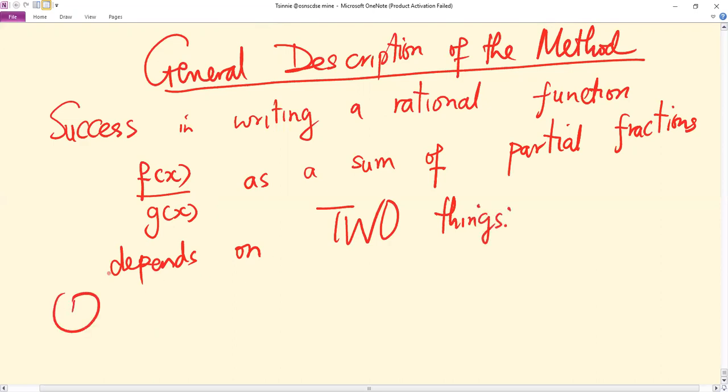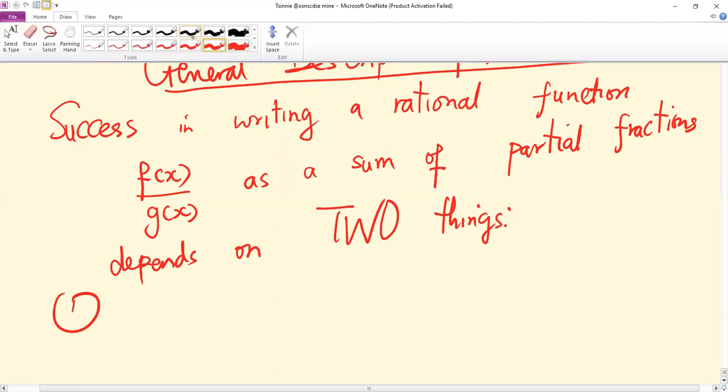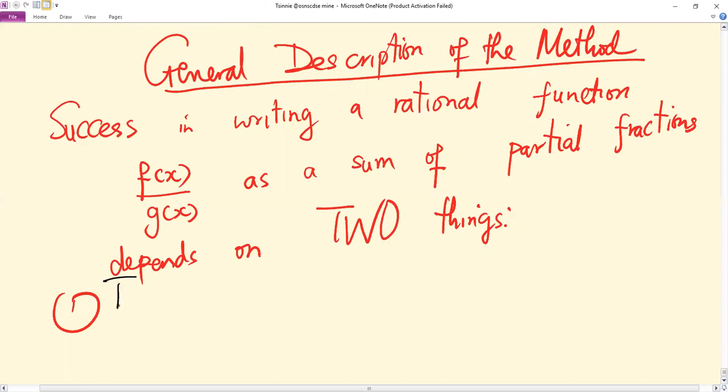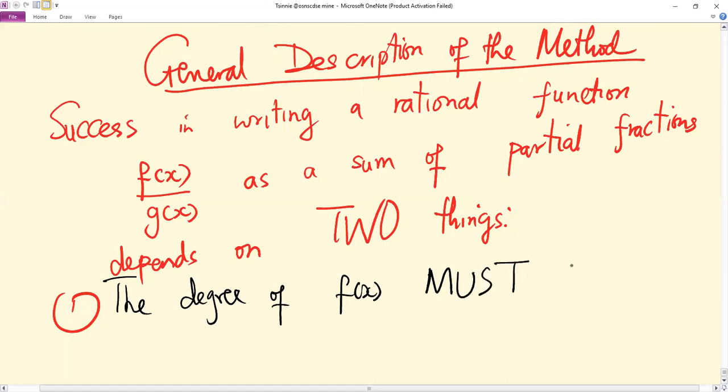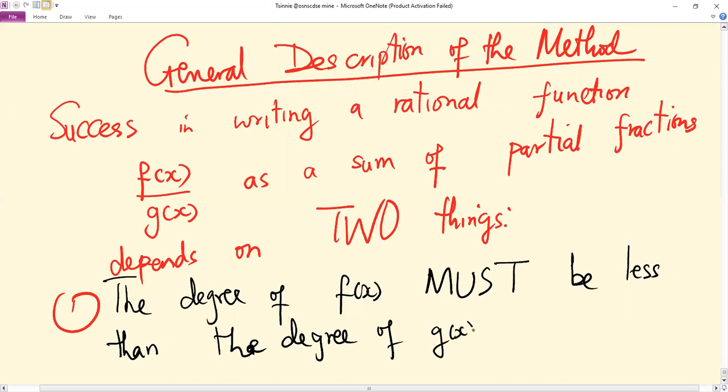The first one, the degree of the numerator, that is f of x, must be strictly less than the degree of g of x.